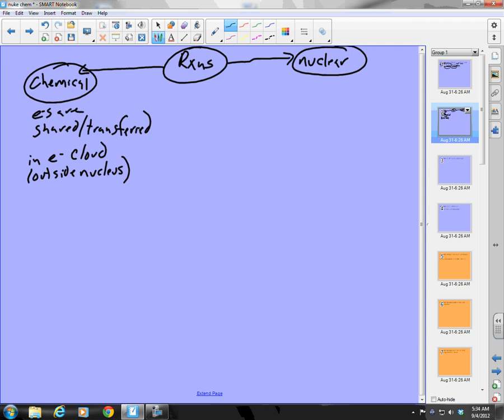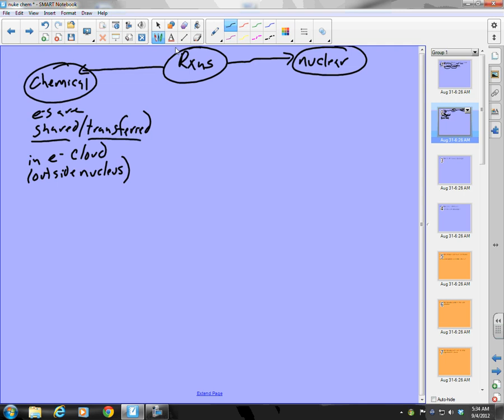And so we call the most likely place of an electron an orbital, and the collection of these orbitals is an electron cloud. So let's just say for the time being that in a chemical reaction, electrons are shared or transferred outside of the nucleus.